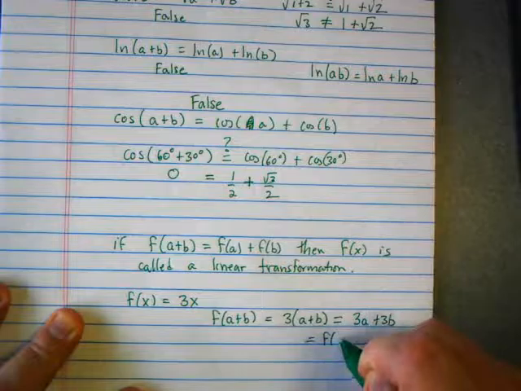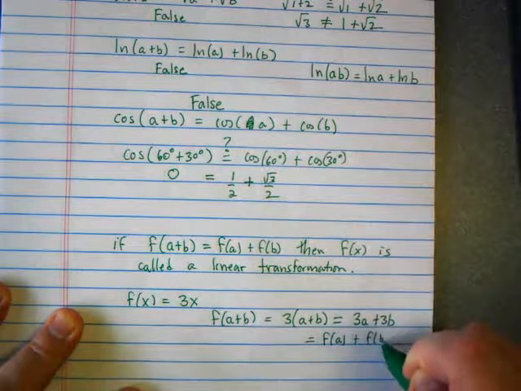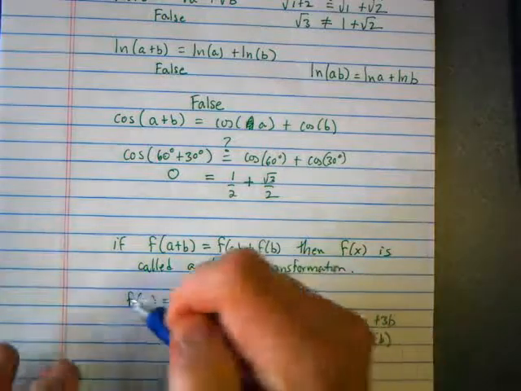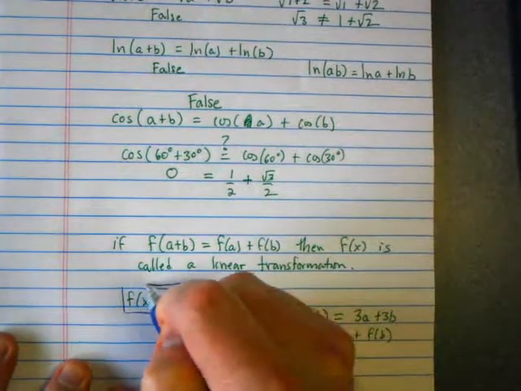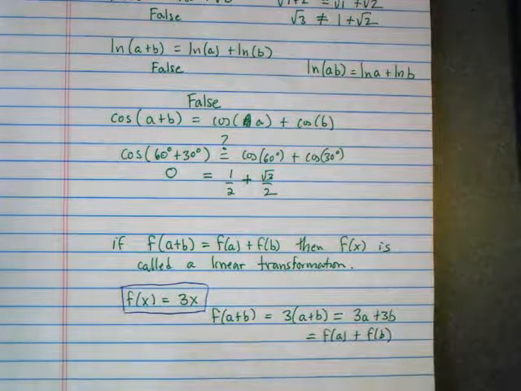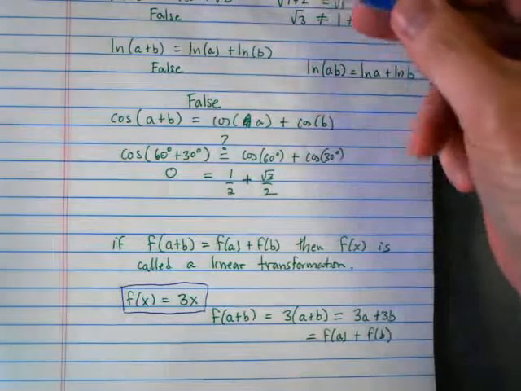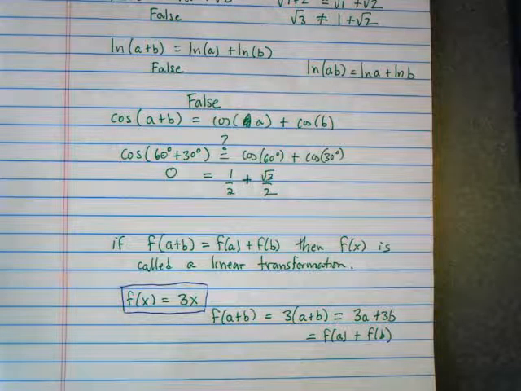That's f of a plus f of b. So there's an example where that works. What kind of special equation is this for a linear transformation to work? A linear equation. So the only time you get a linear transformation is when you have a linear equation. All these other equations that I wrote down, none of them are linear, so that property is not going to work.